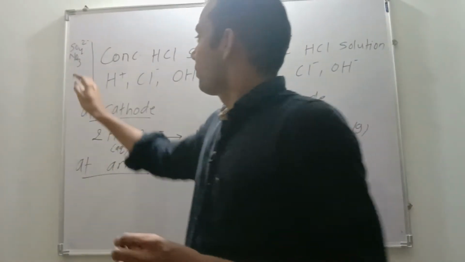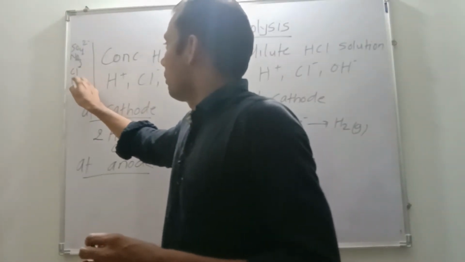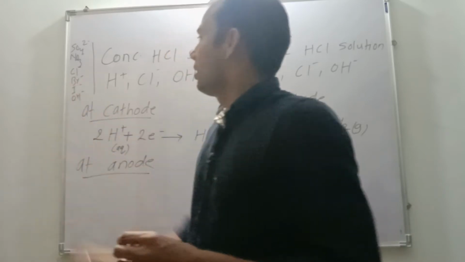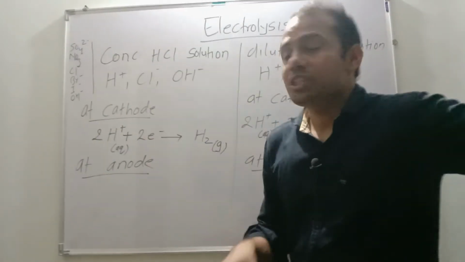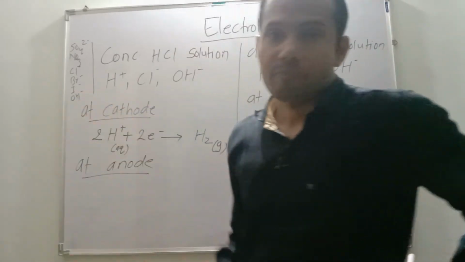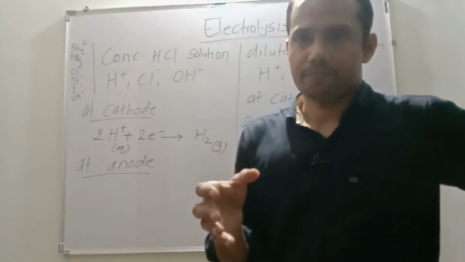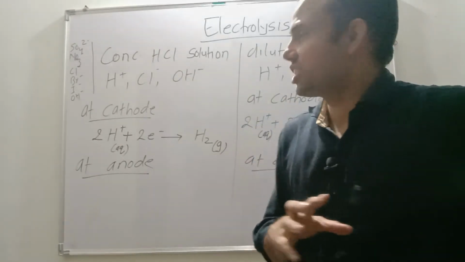Next we have chloride, bromide, iodide and OH minus. The anion which is at the bottom of the series is going to discharge first.